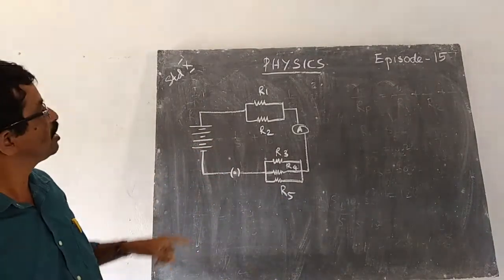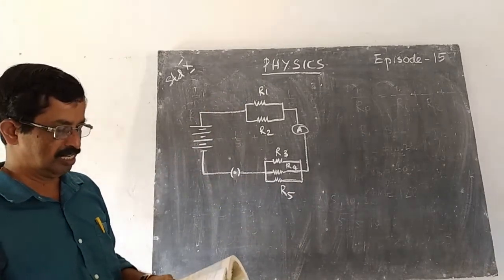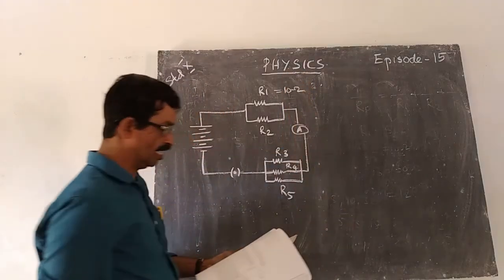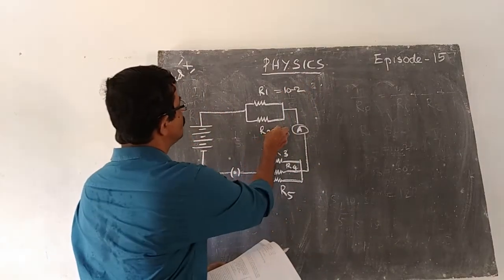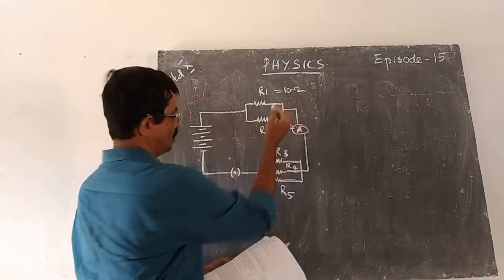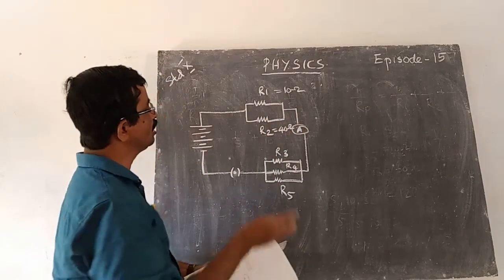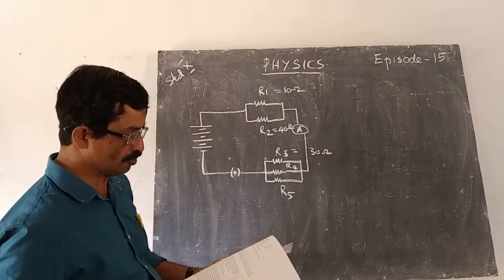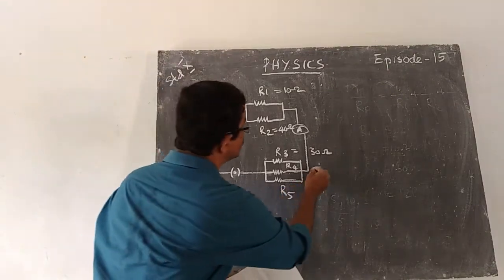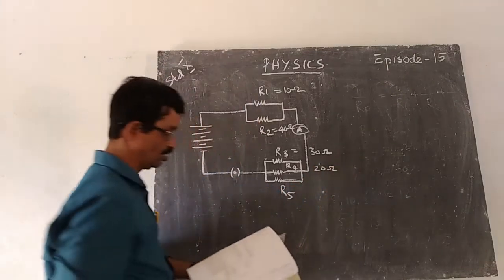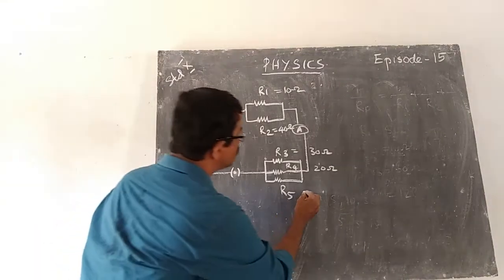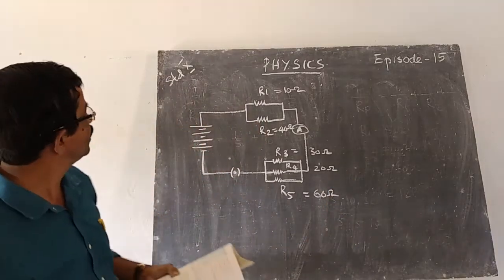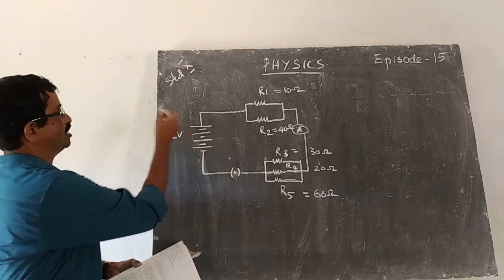In the figure, R1 is given as 10 ohm, then R2 is 40 ohm, then R3 30 ohm, R4 20 ohm, R5 60 ohm. And it is connected to a 12-volt battery.